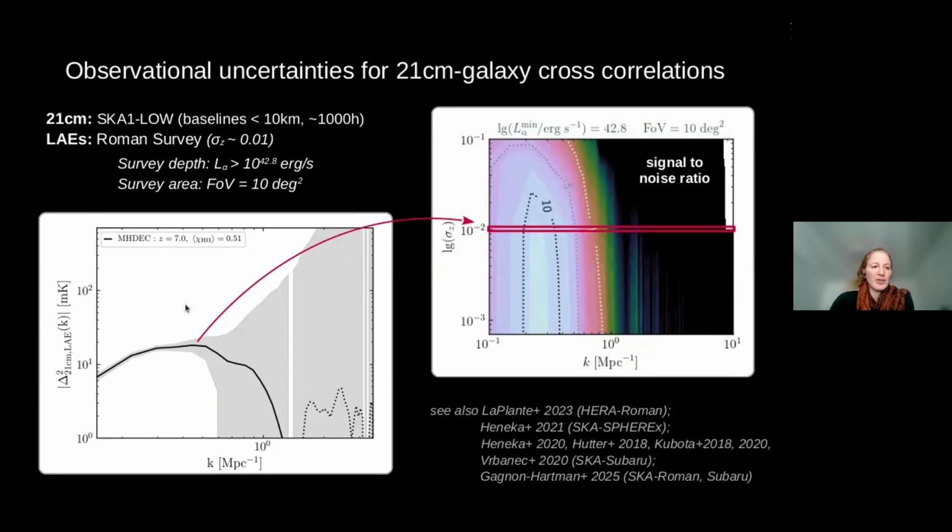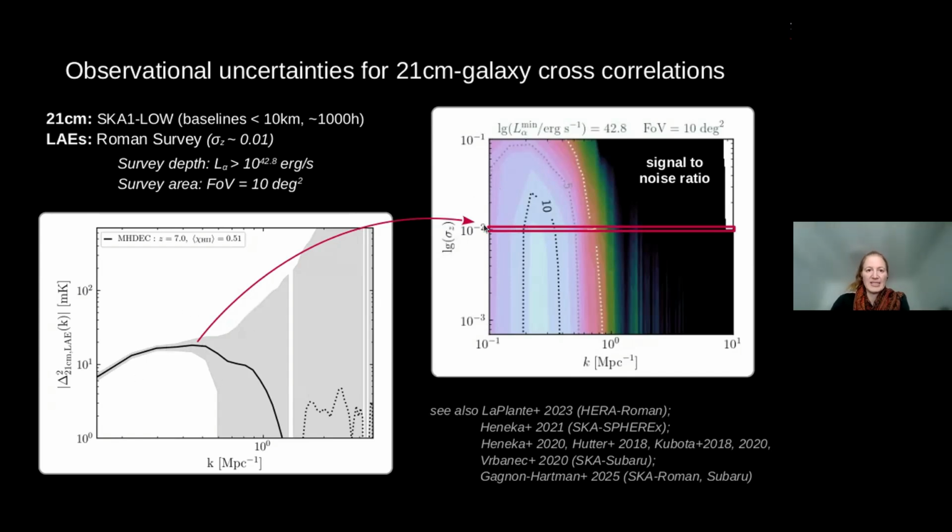I looked at this also to put it a little more into context. What you can see here is, for instance, the cross power spectrum at redshift 7, and in gray you see the observational uncertainties for our default parameters. If you change the redshift uncertainty here, you can see how the signal to noise ratio of the cross power spectrum at redshift 7 changes.